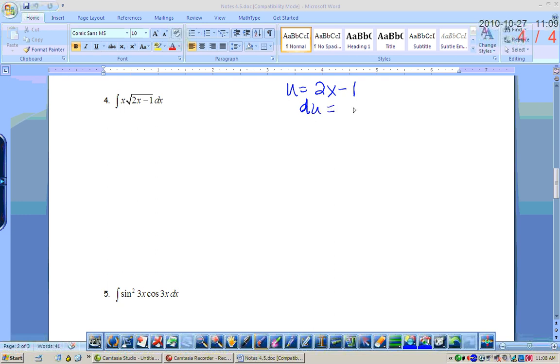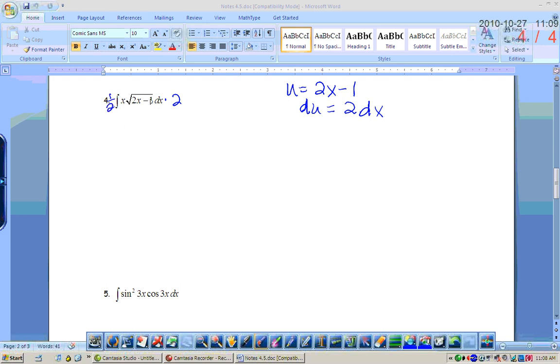Okay, so what does du equal? All right, so if du is 2 dx, then I'm going to need a 2 in there with the dx, right? All right, so I'm going to stick a 2 in there, and how do I compensate outside? 1/2.